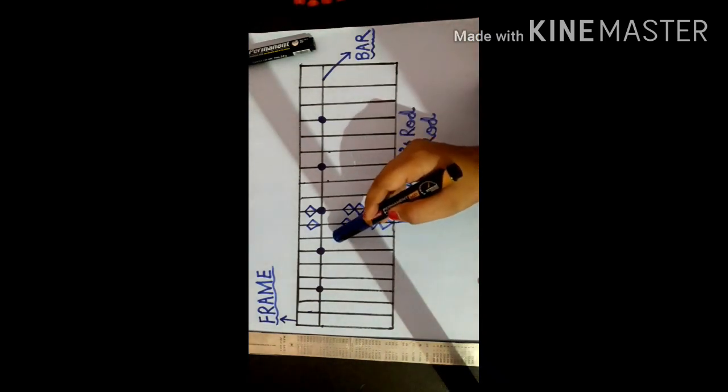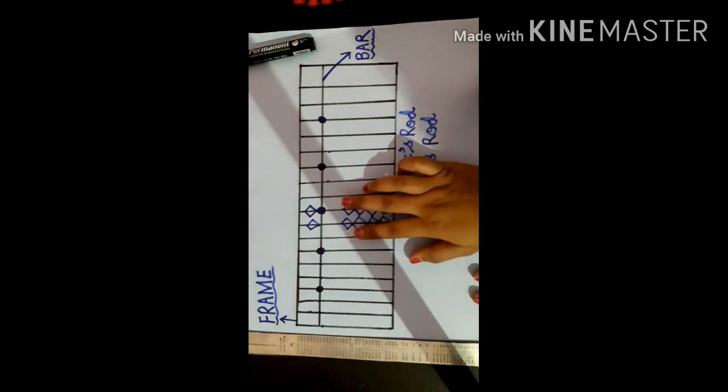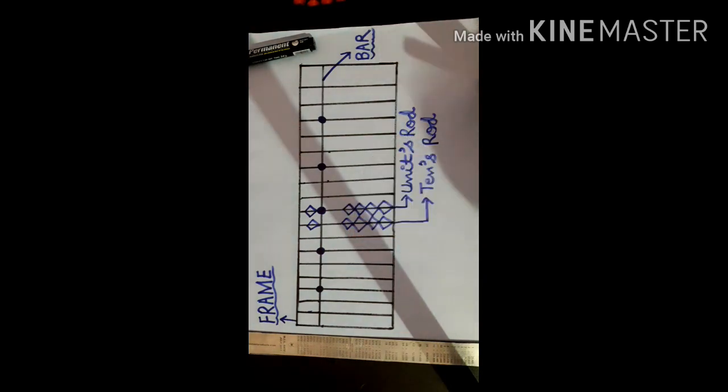Kids, this rod is called the hundreds rod, but hundreds rod is not in your course this time. So you will learn only these 2 rods, units rod and tens rod.